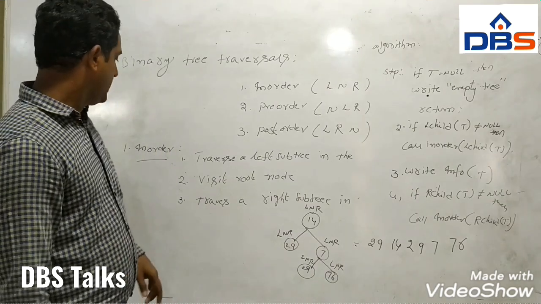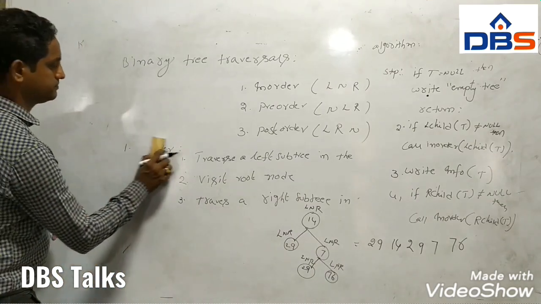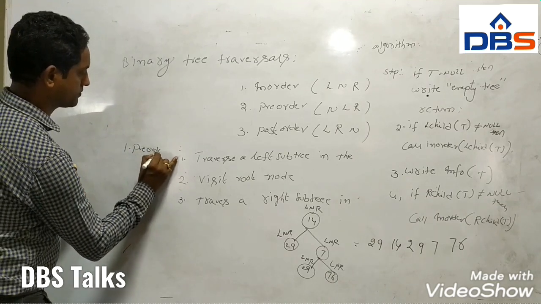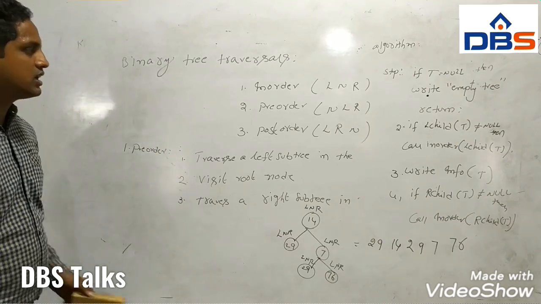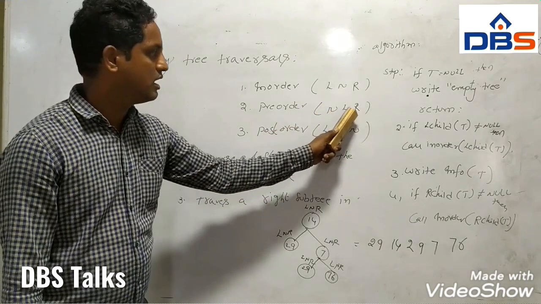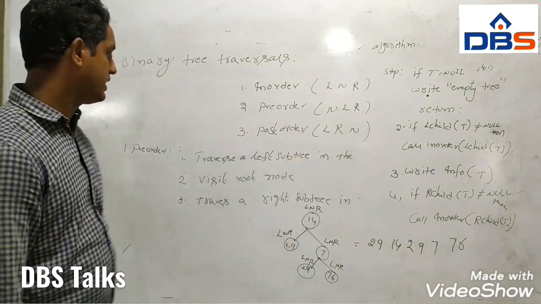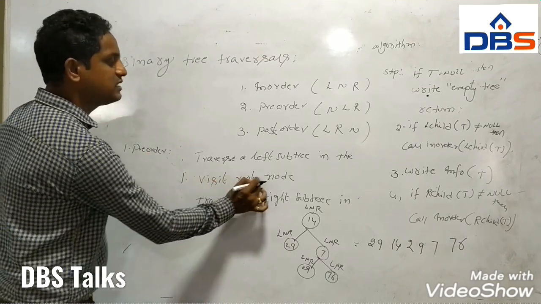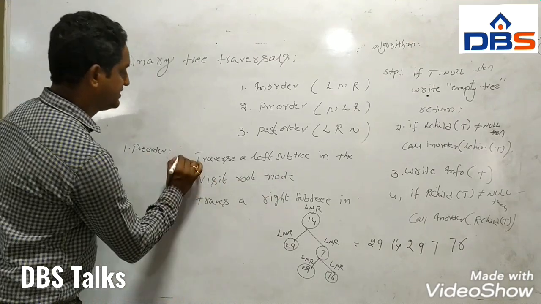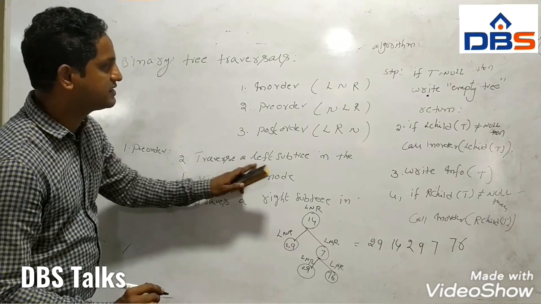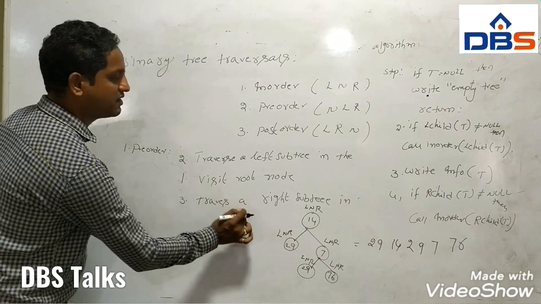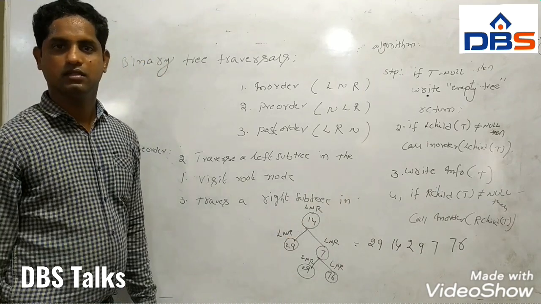Okay. Now we go for the pre-order. In pre-order, the order is node, left, right. That is, first visit the root node, second traverse the left subtree, and third traverse the right subtree.